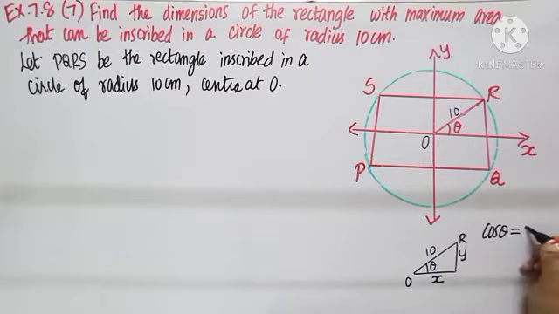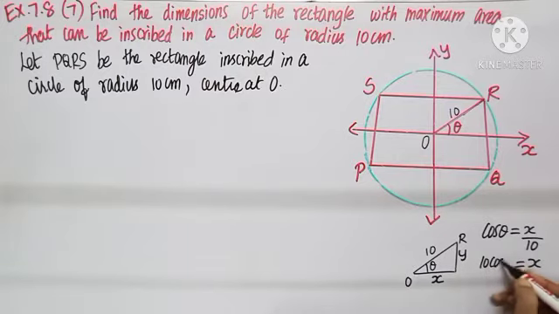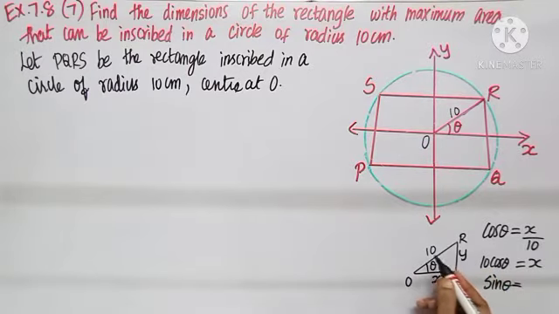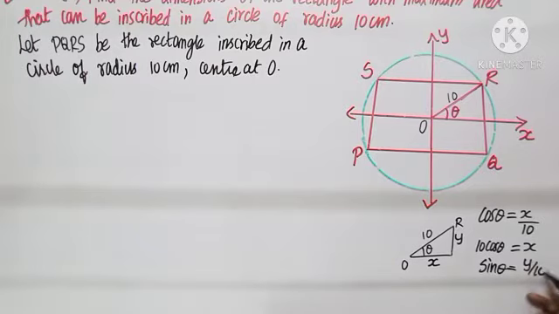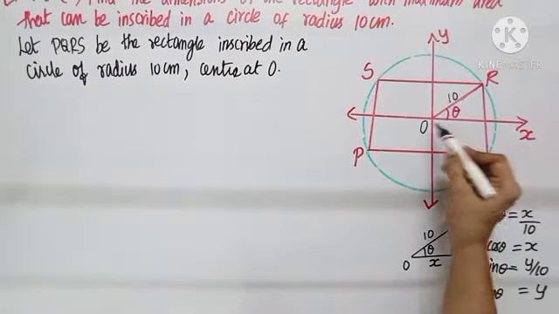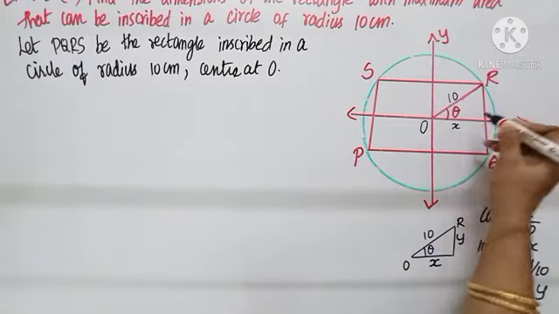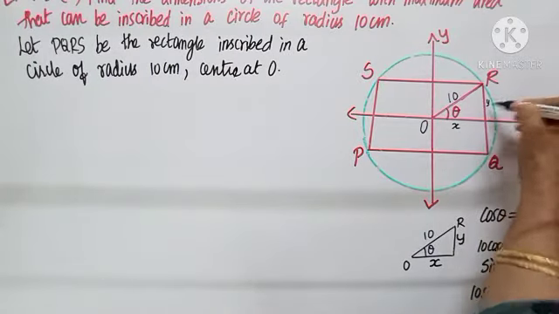Cos theta is x adjacent by hypotenuse, or x is equal to 10 cos theta. Similarly, sin theta equals opposite by hypotenuse, that is y by 10, or I can say y equals 10 sin theta.